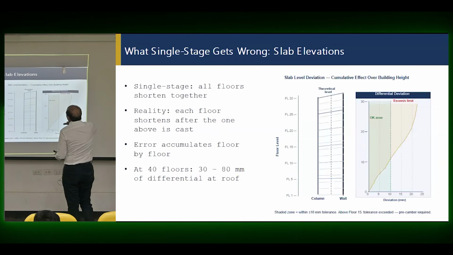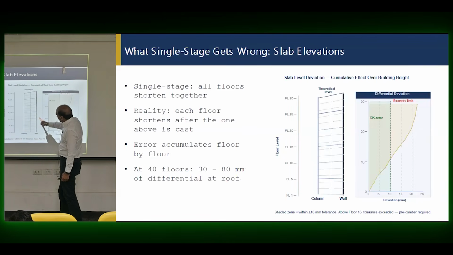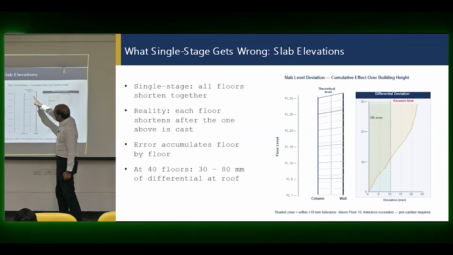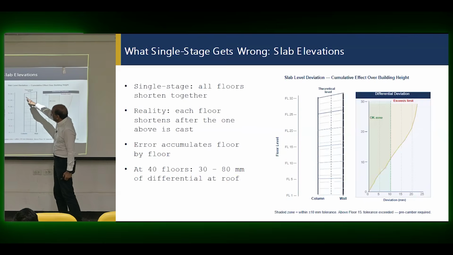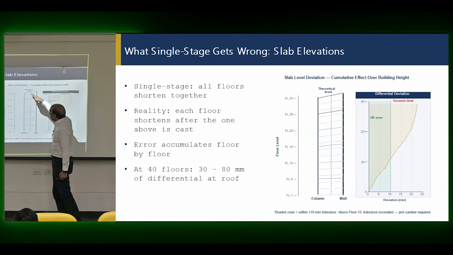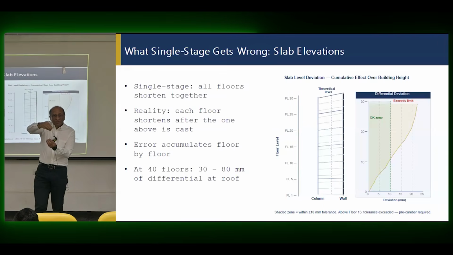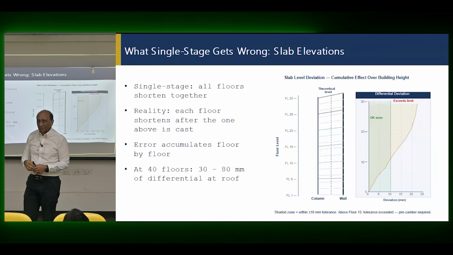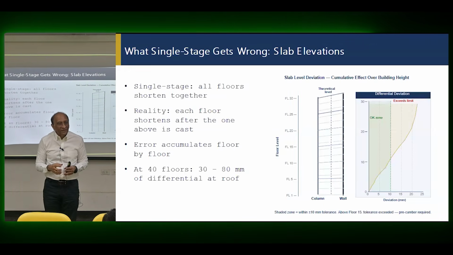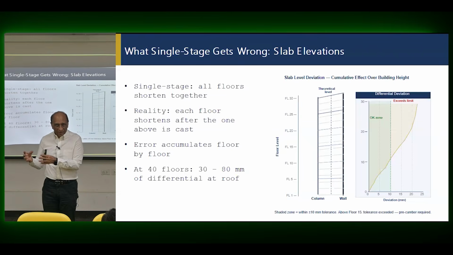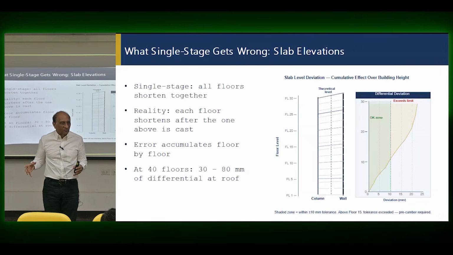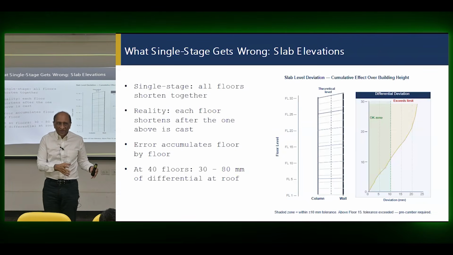And then slab level deflection. If this is the core wall and this is the column, the conventional analysis will show you that this wall is like this, because now comes the axial shortening of the column, because the column is more heavily stressed than the wall, because the wall is big, and we want to keep the stress in the wall low, as we discussed in the shear wall design, that you don't want to have high, but columns are fully loaded, heavily loaded.